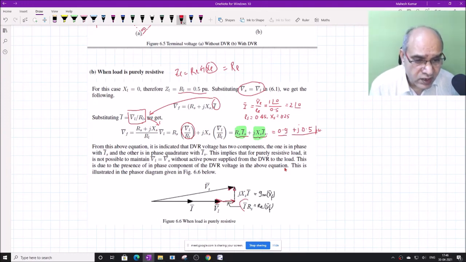But this component can only be realized by the real component of Bf, and real component of Bf means the Bf in phase with the Is, which will manipulate the real power. So this condition is only possible when there is a real power support. Otherwise, we cannot realize this condition.